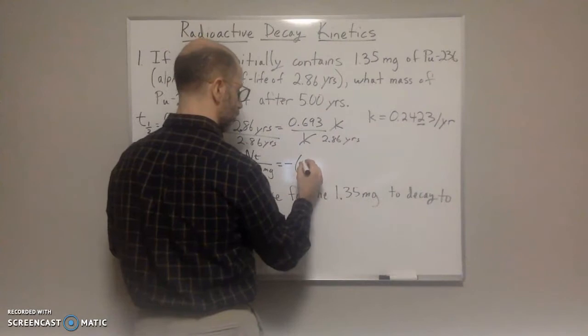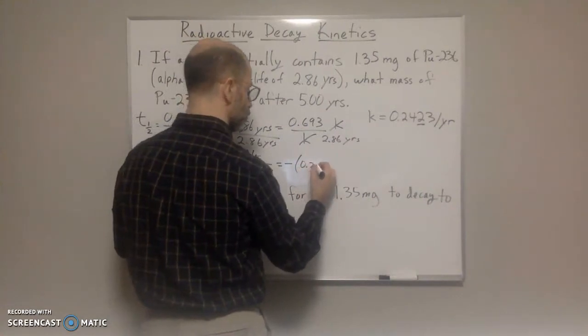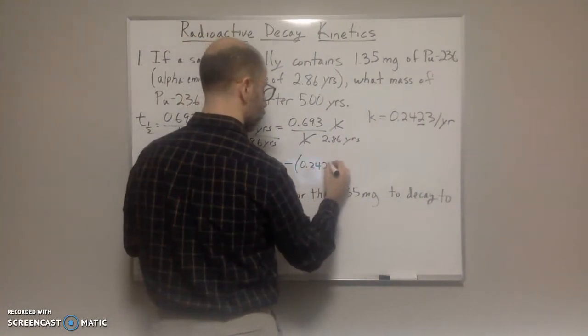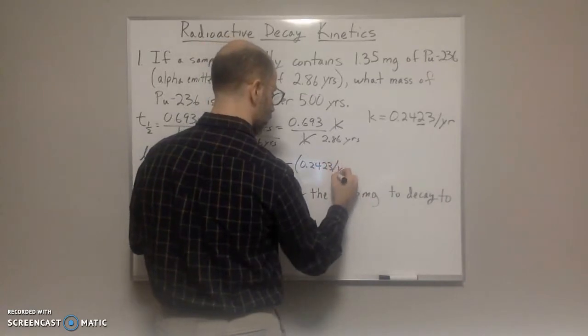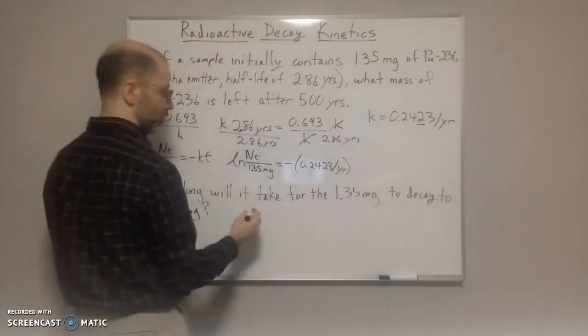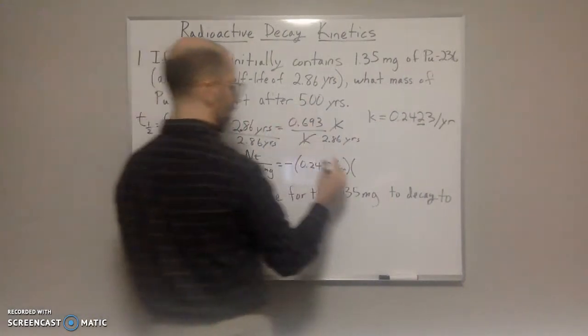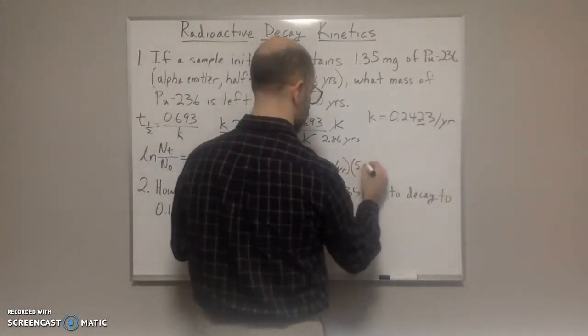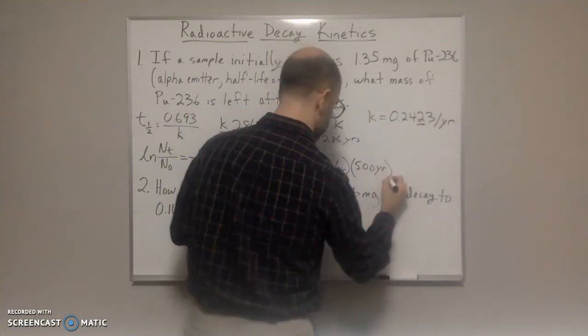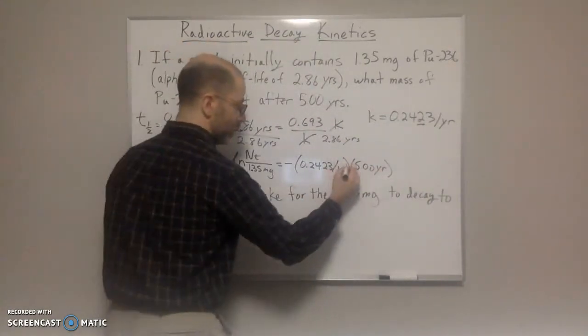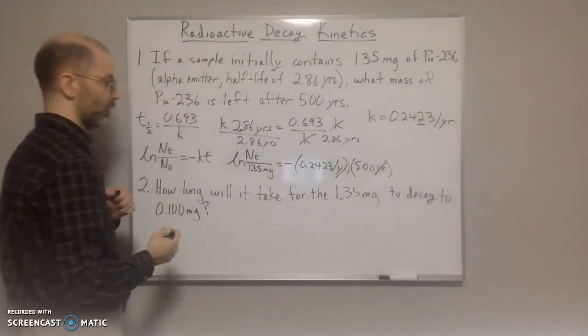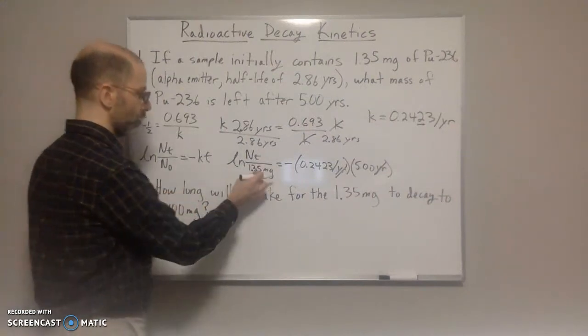The k we just found is 0.2423 per year, multiplied by the time, which is 5.00 years. We see that the years cancel out, and we're left with milligrams.